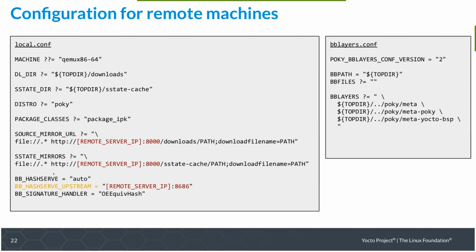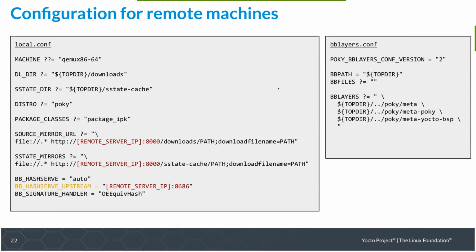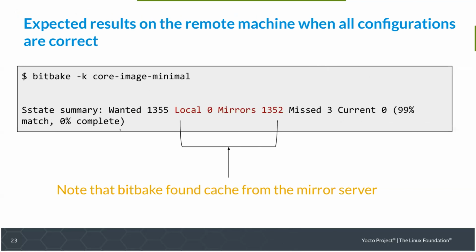You're going to configure the remote server IP and the port that you set before in the server. So here. And the layer configuration is the same one.